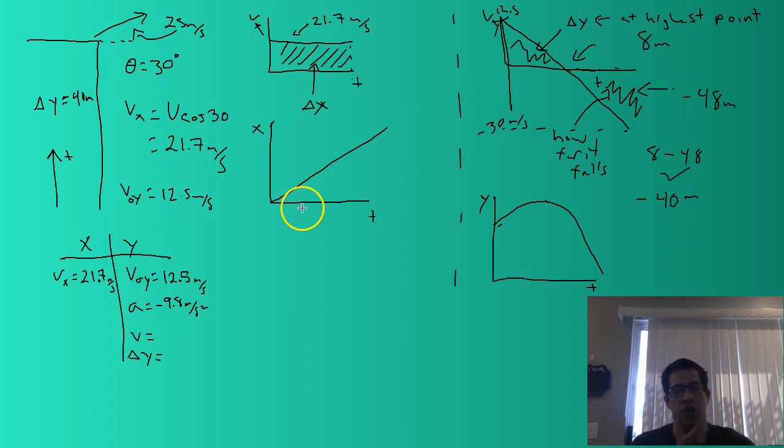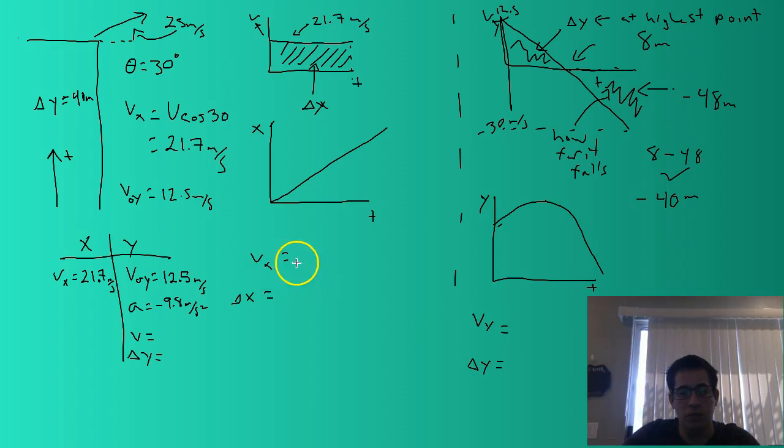Okay, so from here we're going to go ahead and develop functions for each of these graphs. Okay, so we'll write a function for Vx, a function for x, we'll actually use delta x for this one. Then we're going to develop a function for Vy and a function for delta y.